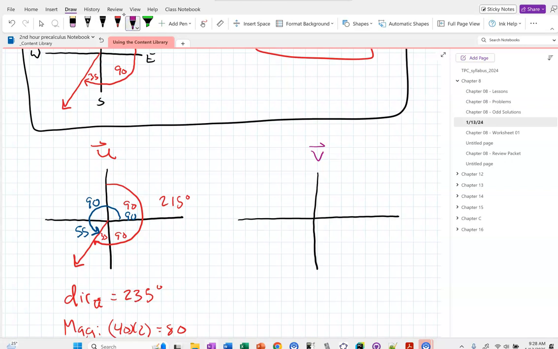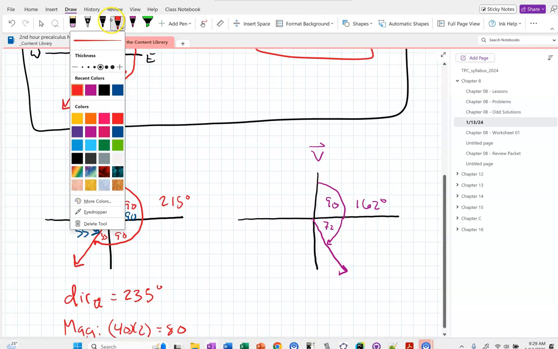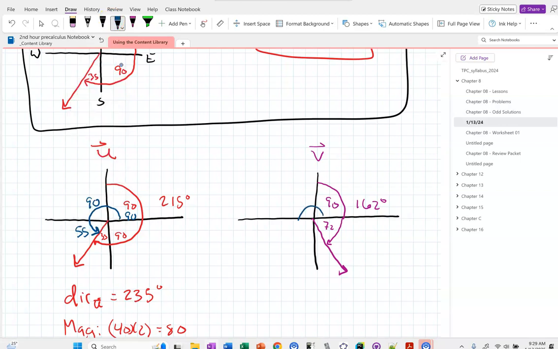I'm going to do the same thing for my vector V. Again, we're doing a bearing, and my bearing was 162. Again, we start at north. There's 90, and then like 72 more. But we don't want a bearing, we want a trig angle.